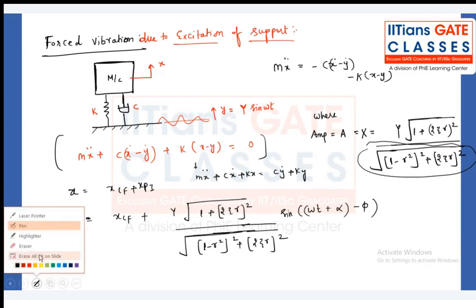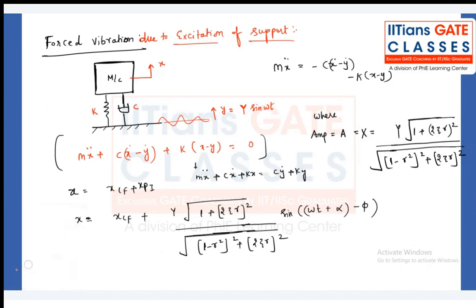Everything is the same, only the formula changes. X/Y = √(1 + (2ζr)²) / √((1 − r²)² + (2ζr)²). This X/Y value is called motion transmissibility. What is the meaning of transmissibility? You will come to know very soon.